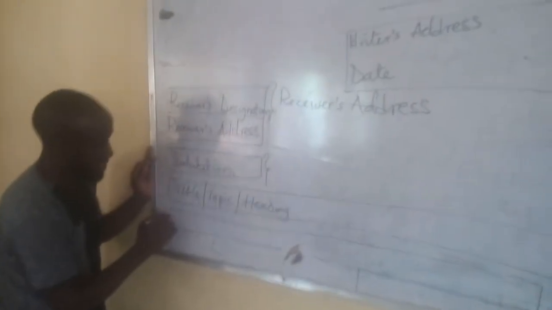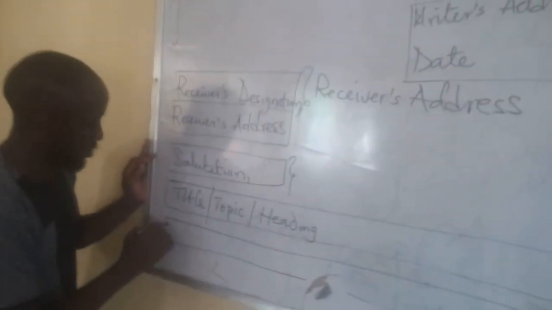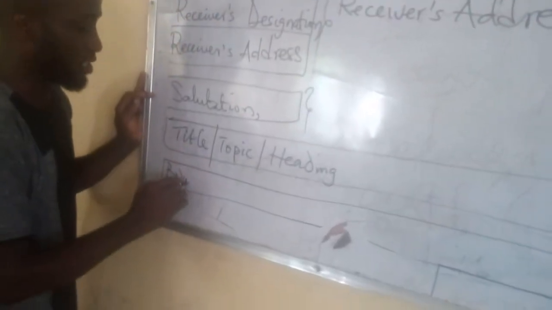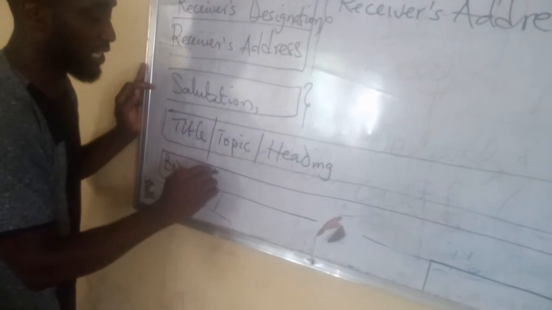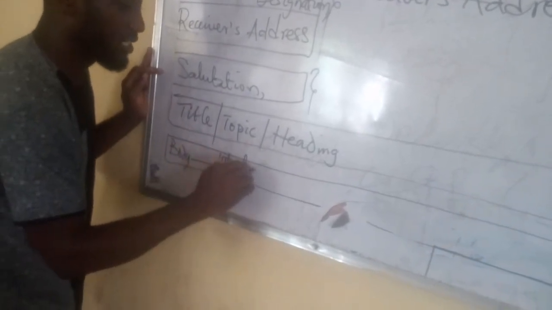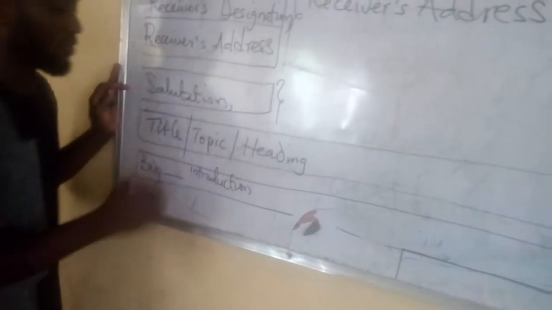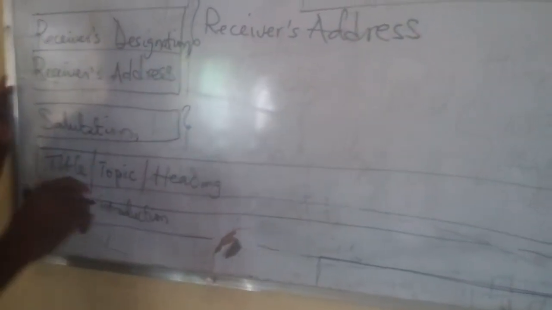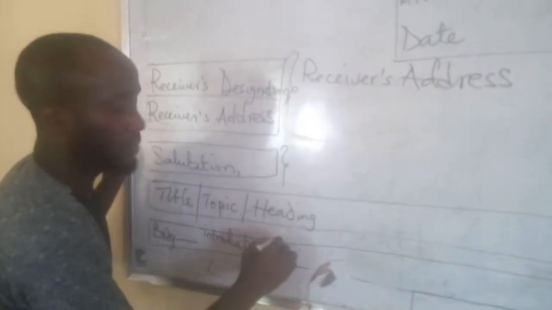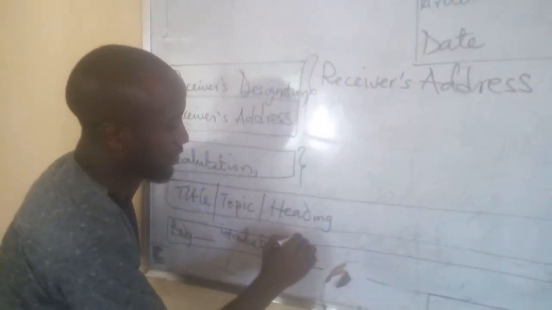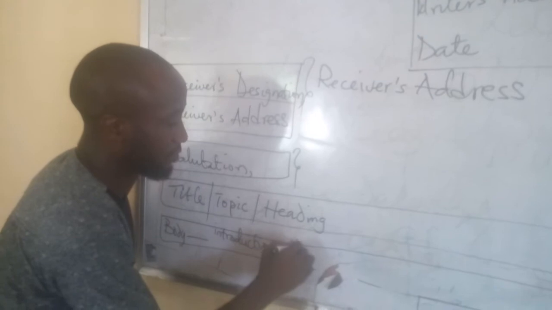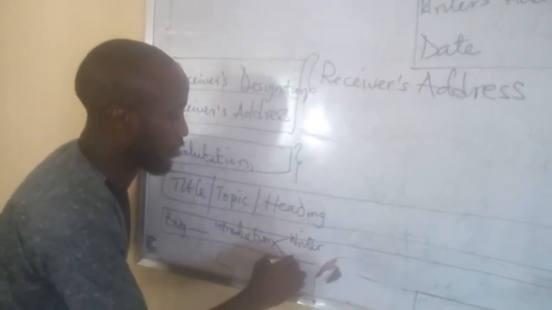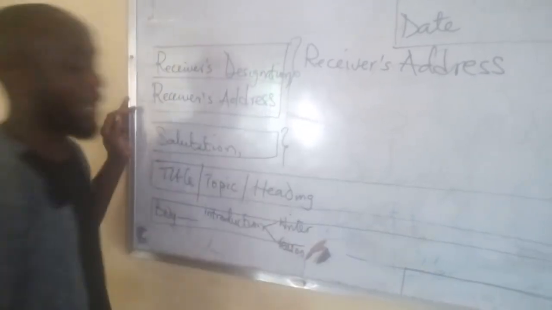Then down here we have the body, which is divided into parts. The first part is the introduction. Remember what we said about our introduction? That the introduction will cover just two parts: introducing the writer, and then the reason or purpose for writing.